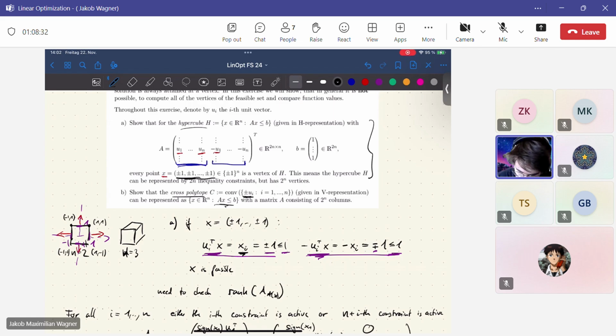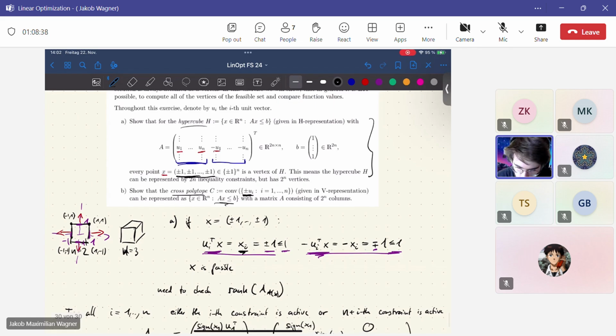And now we switch. Now we have the plus minus unit vectors as the vertices. And we will show that we need all of the plus minus one vectors as the inequality constraints in order to describe this cross polytope.